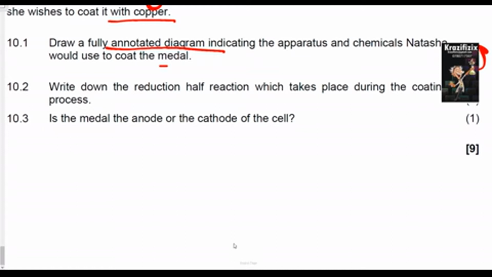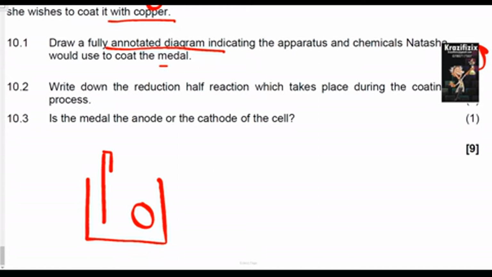Oh, okay, I'm running out of space here, but we can simply do that in the small space. Annotated diagram means we need to show everything. All right, let's have our metal. We know we need a copper electrode. The metal has to be connected to the negative terminal, that's where reduction would take place.